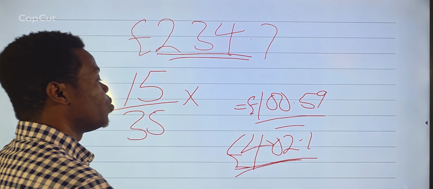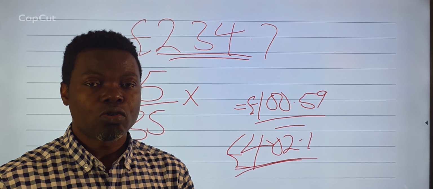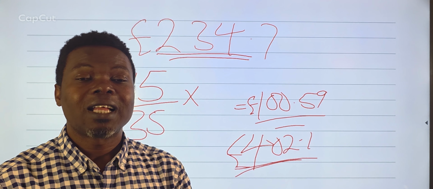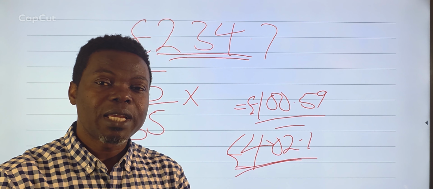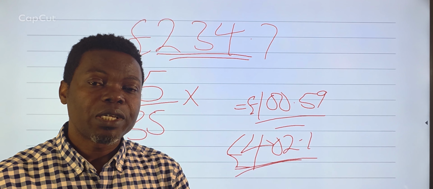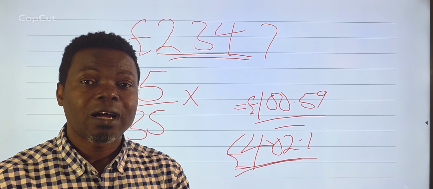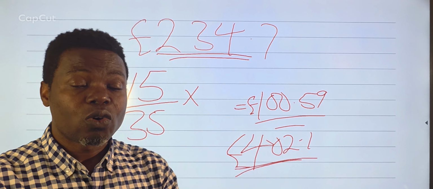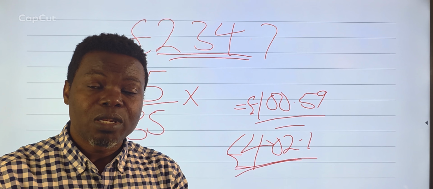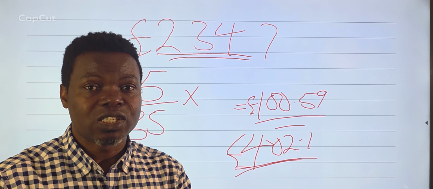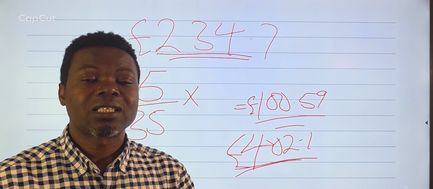This is what you are going to be receiving every month if your qualifying years is 15 years. Now, the contribution that you are making every year via your payslip, the amount does not matter for you to be qualified. What matters for you to be qualified is the qualifying years, which is a minimum of 10 years, and you have attained the state pension age. That is what makes you to be qualified.